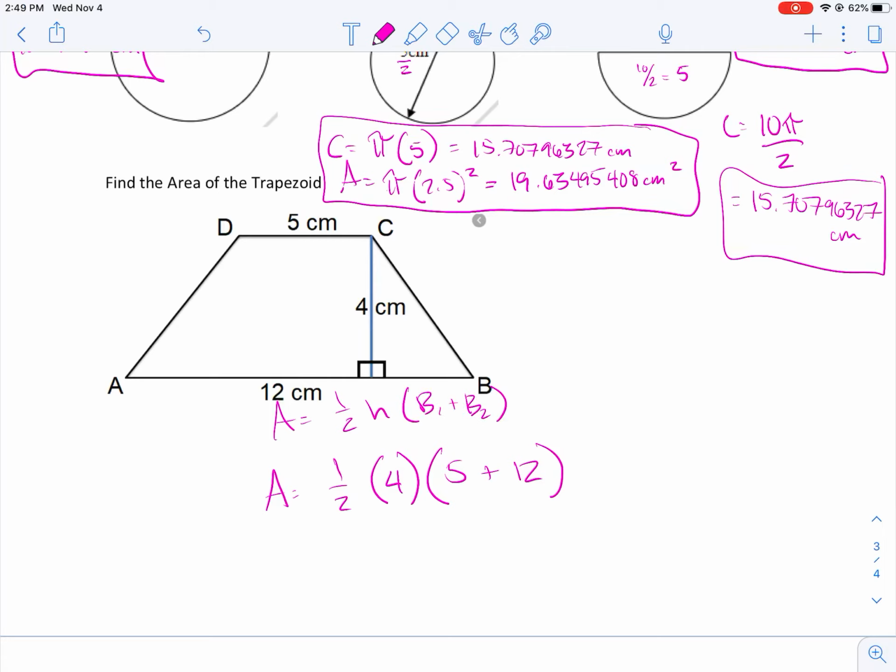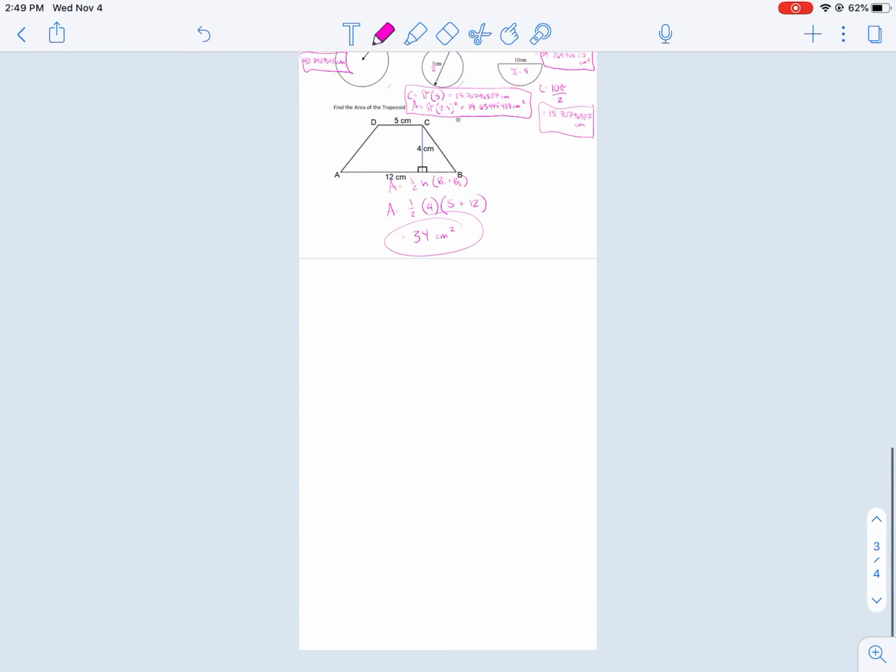That's where I would come up with those numbers. And so we get our answer, 34 centimeters squared.